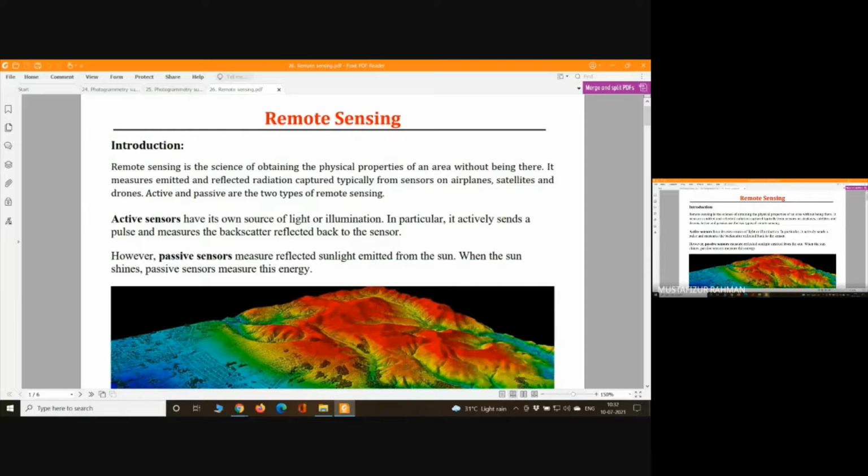The interaction of the electromagnetic wave with the ground objects will be different for different objects. So based on that, we will be able to determine that this place has rock, this place has some soft soil, here we have water, here we have dense forest. Like that, we will be able to distinguish different objects on the ground.